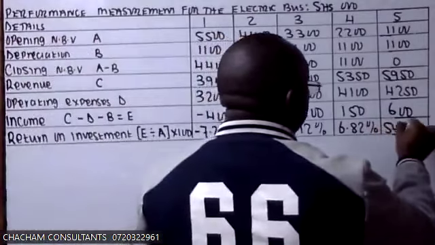So the average return on investment should be negative 7.27 plus 2.27 plus 12.12 plus 6.82 plus 54.55.